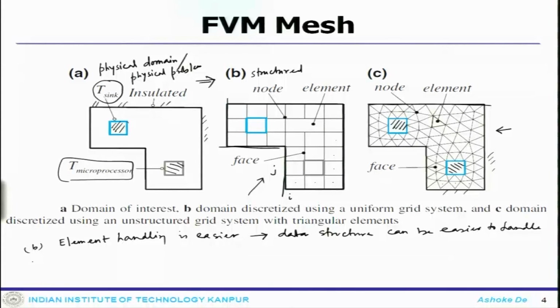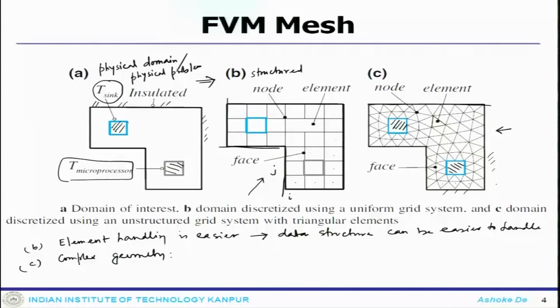But in the other case that is not so; things are not in order, so you have to keep track of all the indices, the elements, the vertices and all the connecting elements. But sometimes for a complex geometry, structured gridding is not preferred.